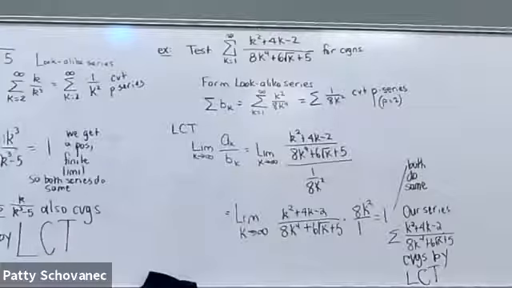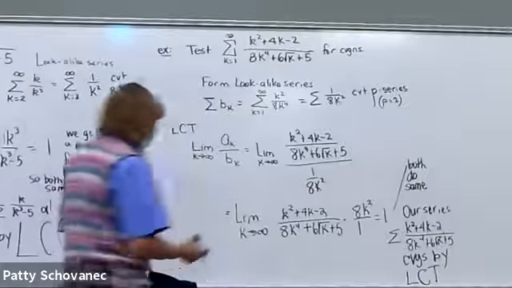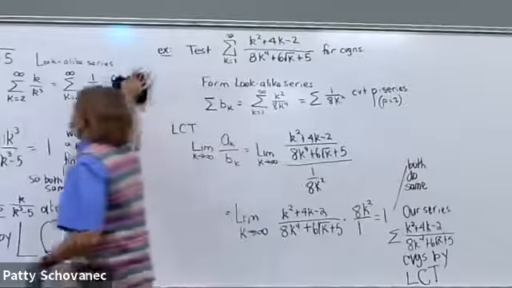So let's look at the 0 and the infinity case of the limit comparison test. What happens if my limit is 0? What happens if my limit is infinity?